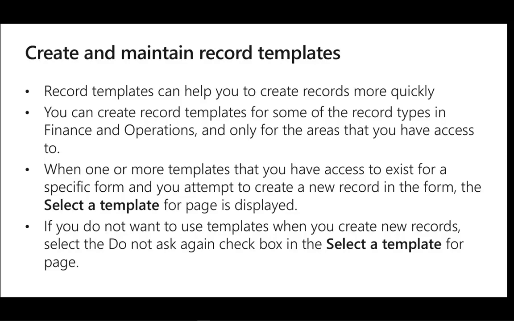If we do not want to use templates when we create a new record, select the Do Not Ask Again checkbox in the Select a Template For page. To display the template selection dialog box again, right-click any record, click Record Info, and then click Show Template Selections.